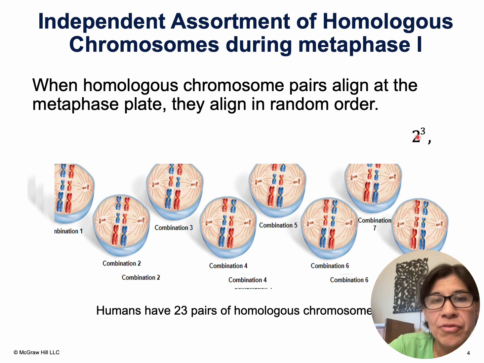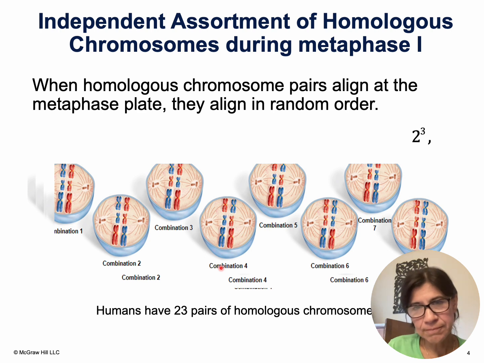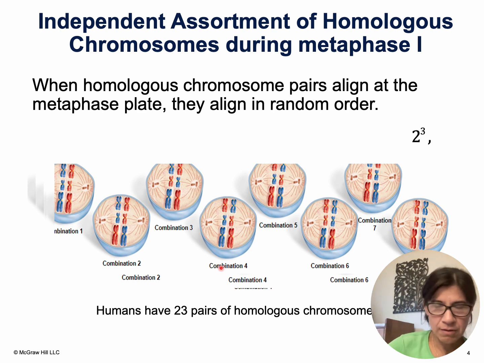So that would be 2 to the 23rd power combinations, and that would be millions of different combinations. I think it comes out to like 8 million something. And so that's why every egg that a mother makes, because of independent assortment, and then on top of that crossing over, are all genetically different. And the same goes with the male.